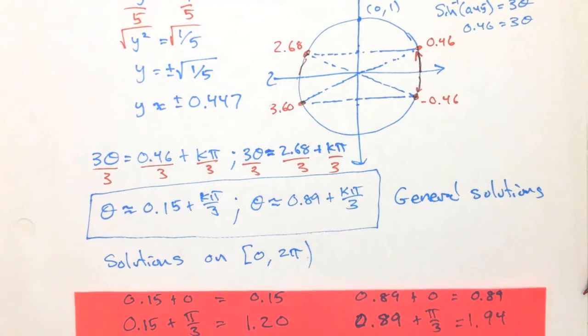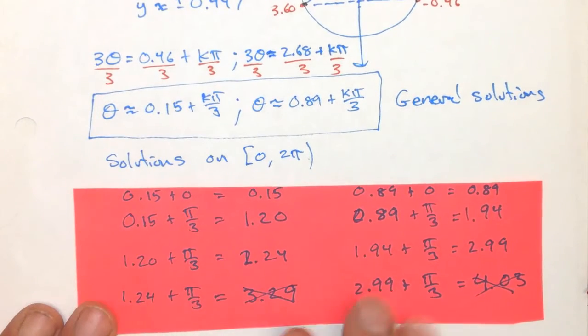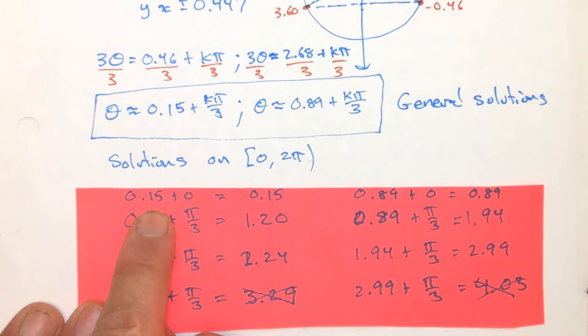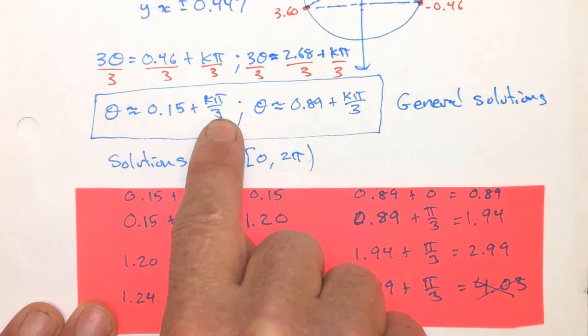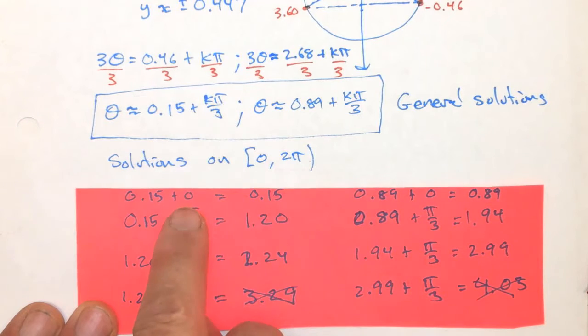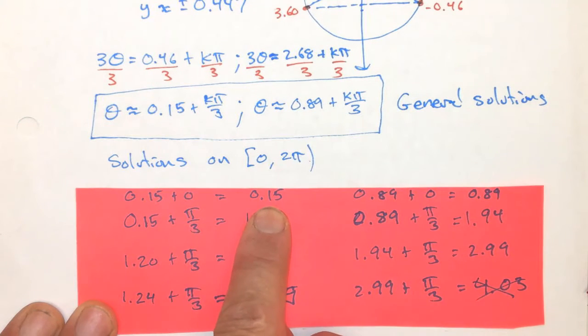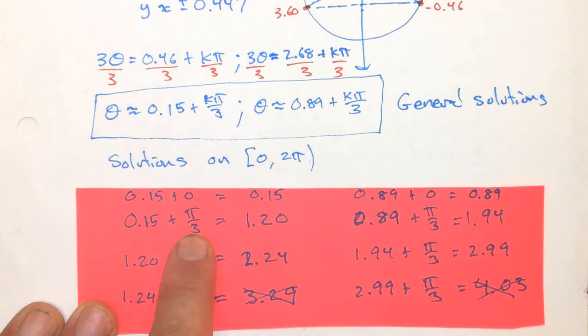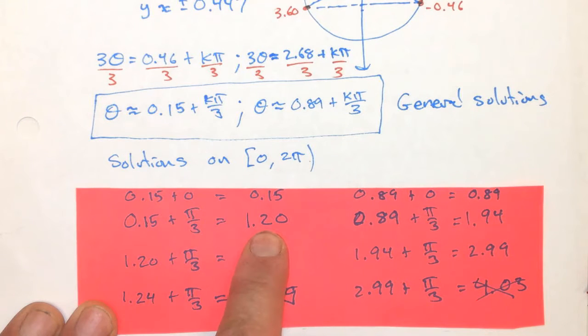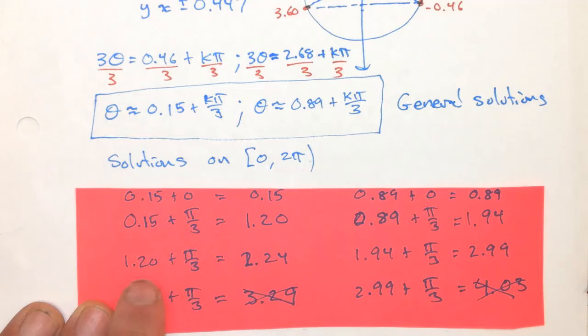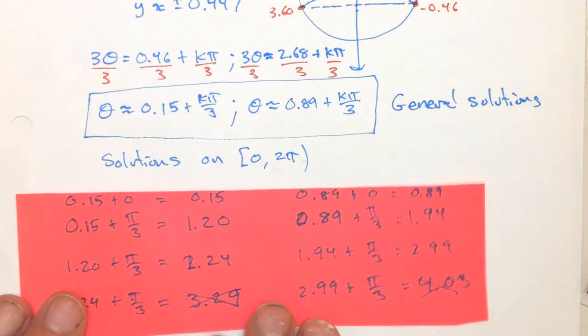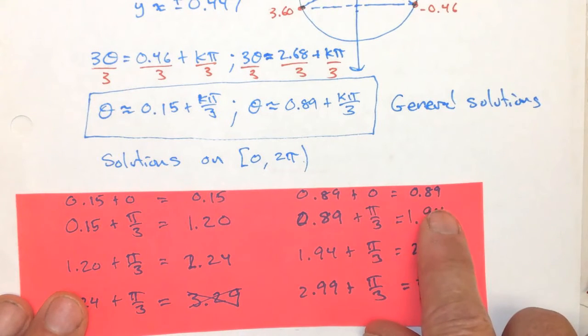So I'm just going to take my one solution, 0.15, and add multiples of pi over 3. The first one, k is 0, so that's 0.15. Then I add pi over 3, I get 1.20. Add another pi over 3, and I get my next solution, and continue until I'm outside of my range. That's bigger than 3.14, so that's outside of my range. And over here I do the same thing with the 0.89.